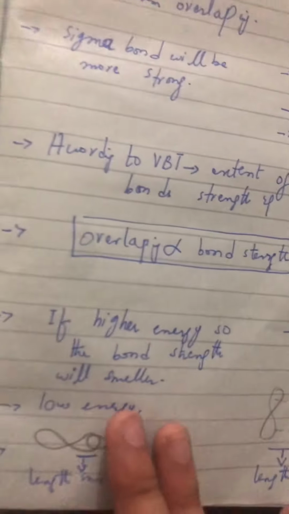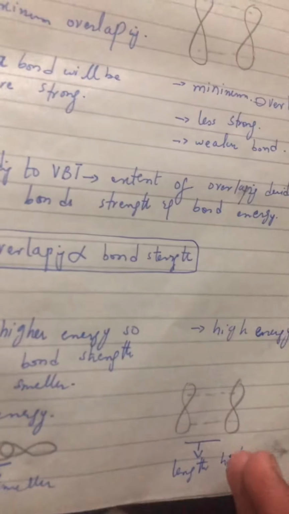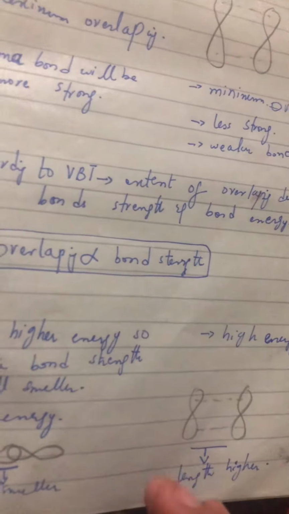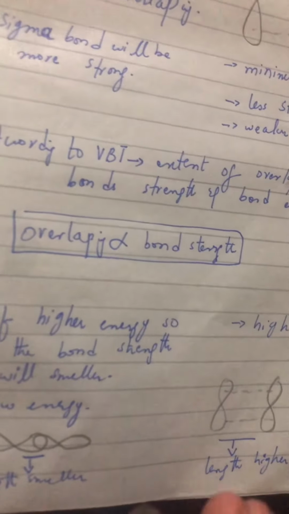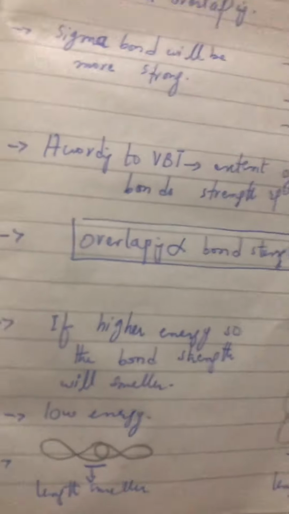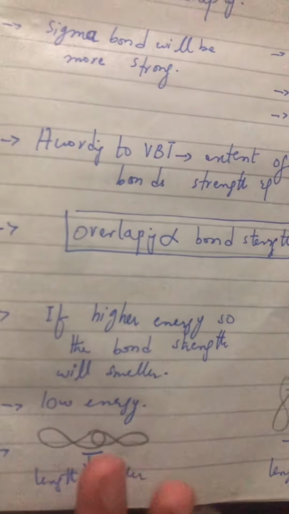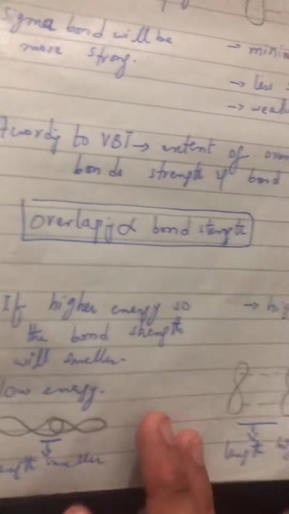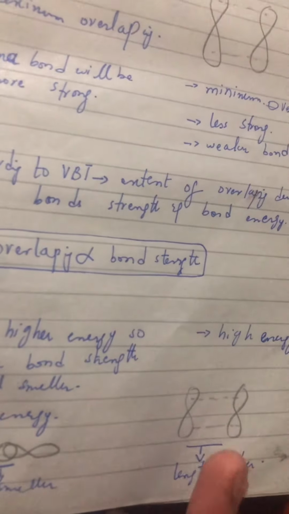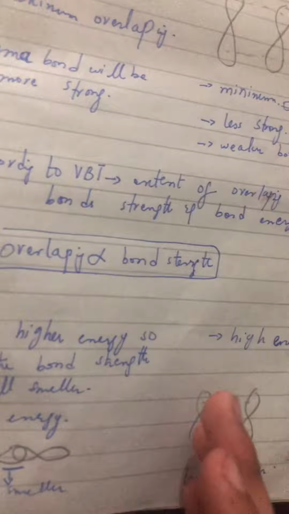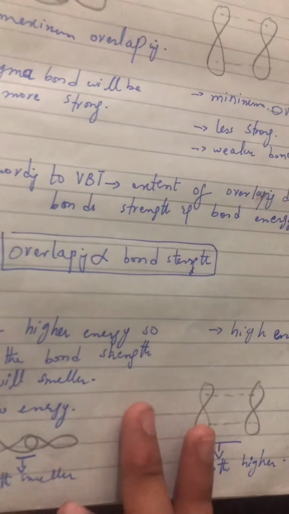If the bond has higher overlap, the length will be smaller. If the bond has less overlap, the length will be higher. So the bond strength is inversely related to the bond length: if the bond length is smaller, the bond will be stronger, and if the bond length is higher, the bond will be weaker. So those were the characteristics of pi and sigma bond.